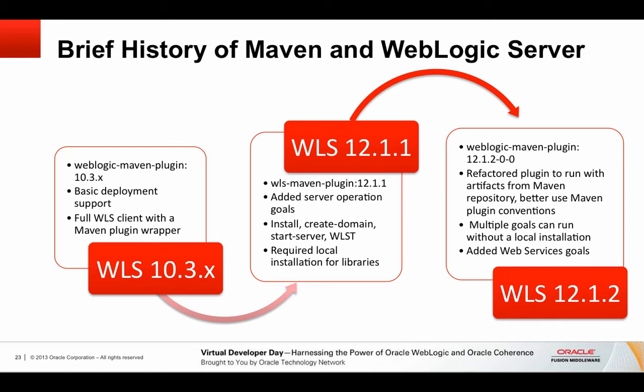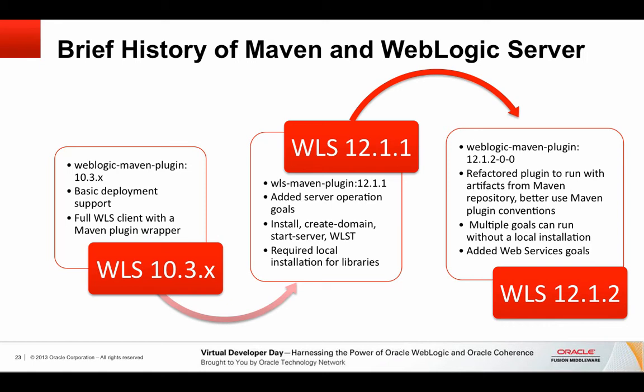With the release of WebLogic Server 12c, 12.1.1, we did a little bit of work to add some additional goals that we thought would be useful to the plugin to support more of a full operational lifecycle. And these were things such as performing an installation of WebLogic Server itself, creating domains, executing start-stop server commands, executing WLST to execute scripts or commands, using the WebLogic scripting framework to create resources, etc. A change that came about here was twofold.